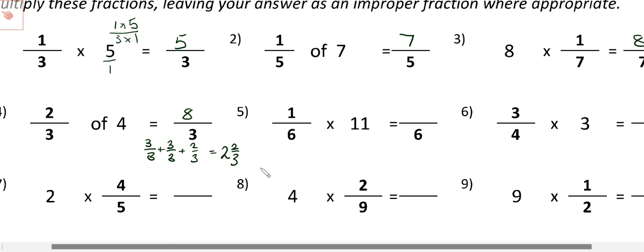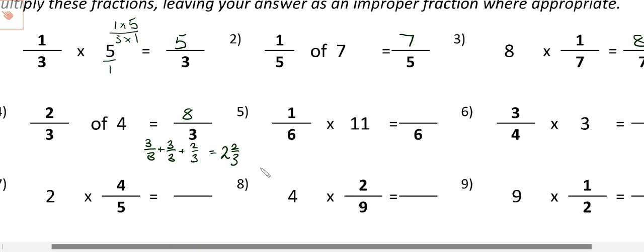Now it's as simple for me as 2/3 of 4 should be more or less than 4. Yeah. Why? Well, because it's less, and it's a fraction of.